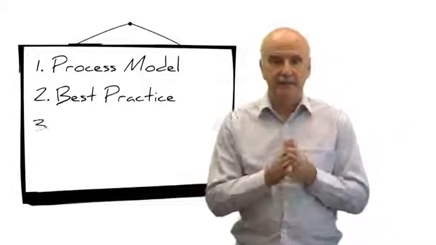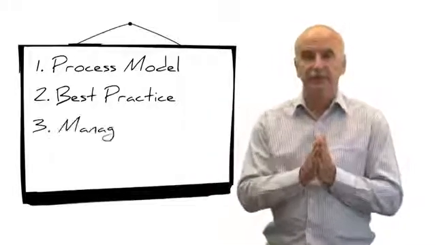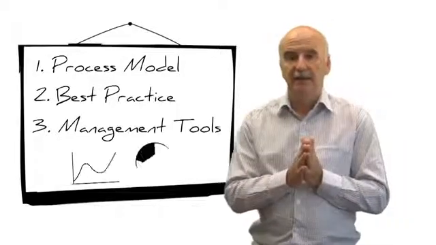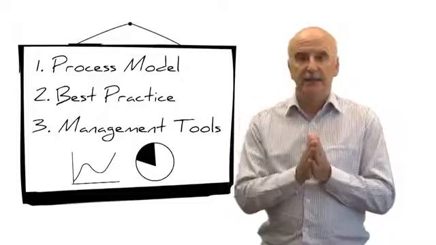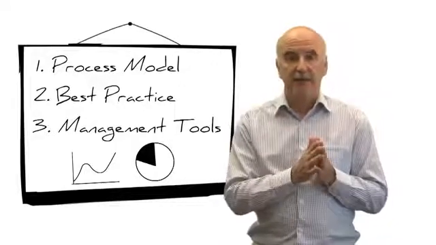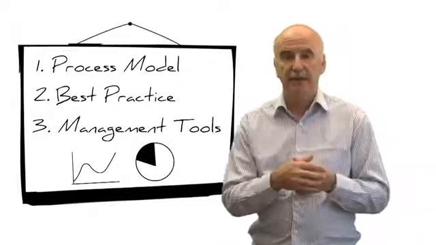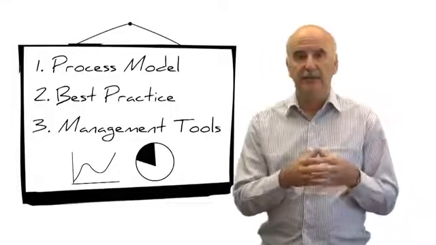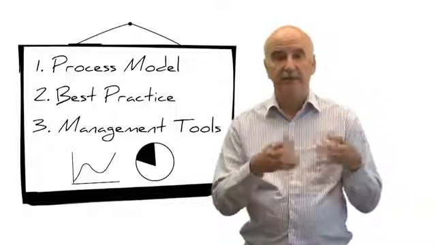And then the third part of the COBIT approach is to give management tools so that they know whether or not this is actually happening in practice. And this is done in two ways. One is to measure the quality of those processes using what we call capability maturity techniques, so that management can tell whether or not a process is actually at the level required for a given situation.